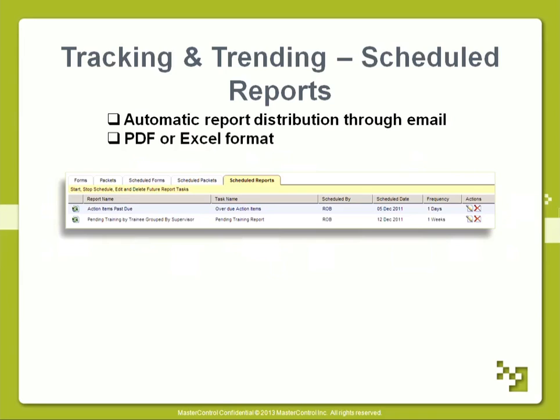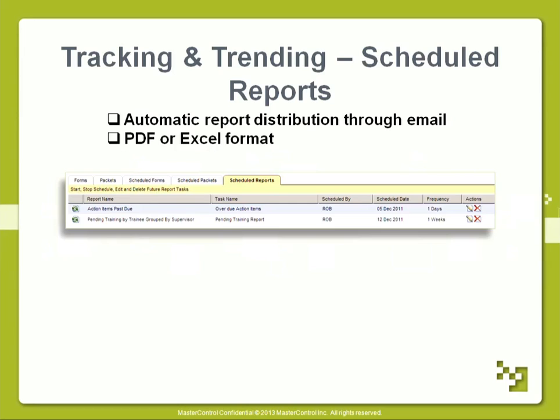And you get a choice of PDF or Excel format for your data. Do you get the graphics with that? If you have a report that has a chart, that'll come through in the PDF. You lose the interactivity with the chart. If you have a drill down chart, you'd have to go back to the original report.